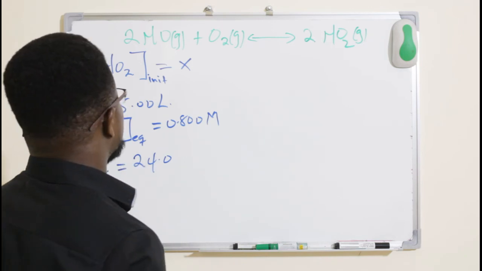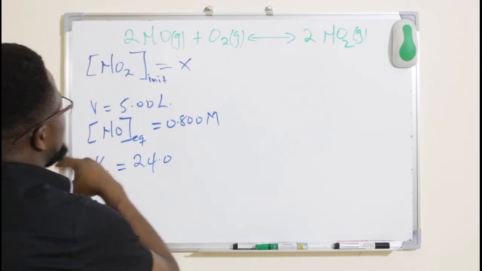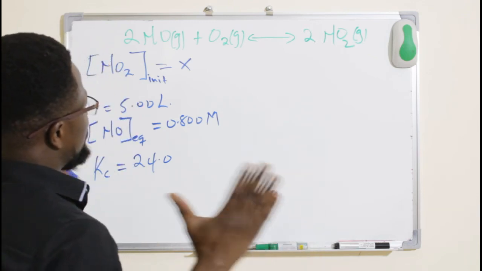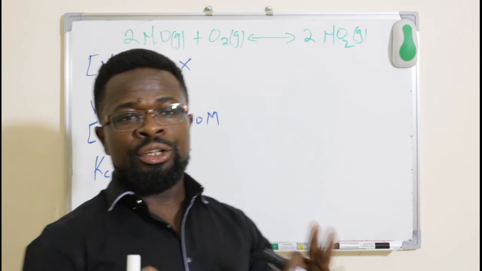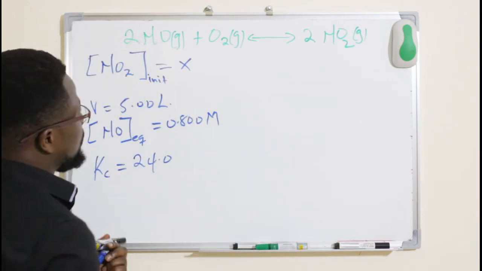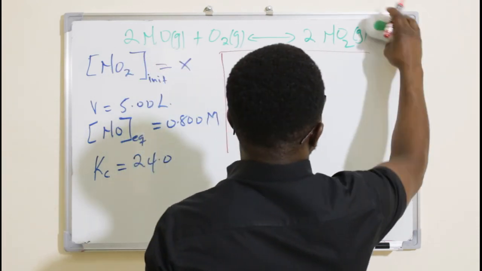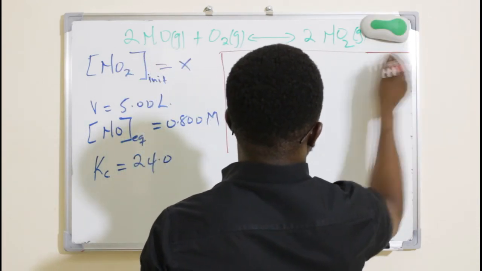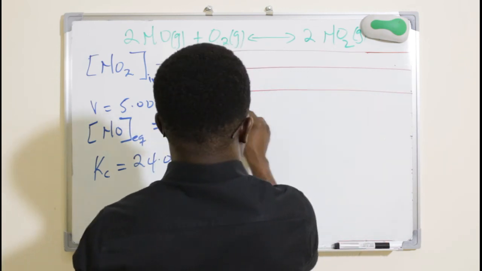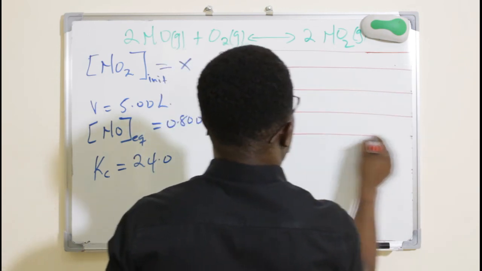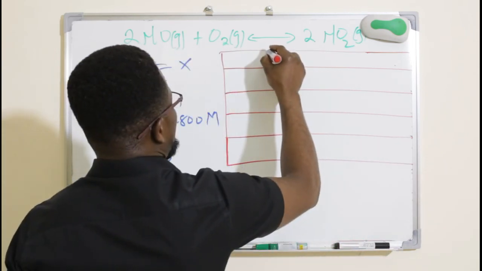So what do I need to do? Well, the first thing is to go from our Kc to our ICE table, and then use that to do the calculation. To get my ICE table, let's check what molecules are involved in the reaction.